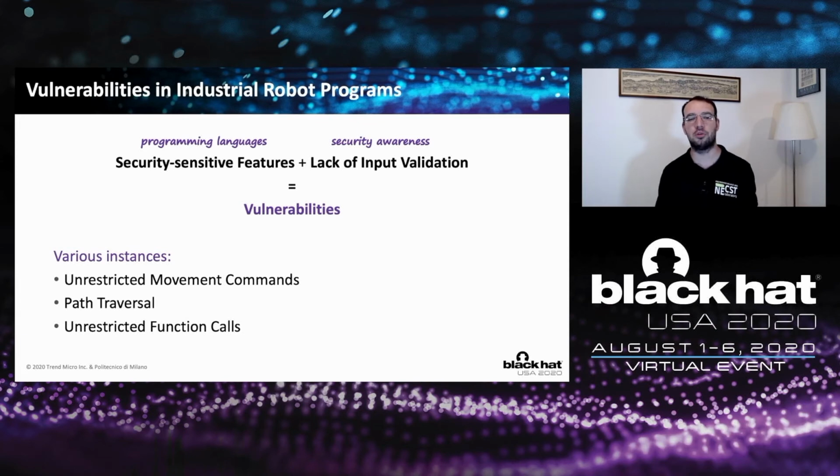So overall, the combination of those two ingredients makes it possible to have vulnerabilities in task programs. And actually, we found vulnerabilities in some real task programs that we found in the wild. We found various instances of vulnerabilities: unrestricted movement commands, path traversal, and unrestricted function calls.